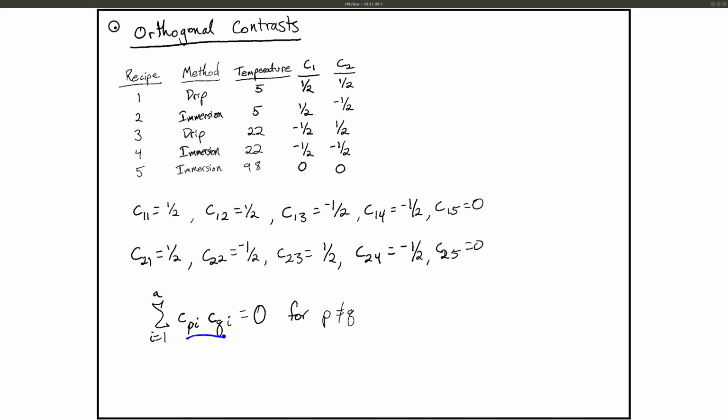So p and q are just indices for our contrasts. In this case, p might be 1 and q might be 2. Then, if this is the case, we say that C sub p and C sub q are orthogonal.